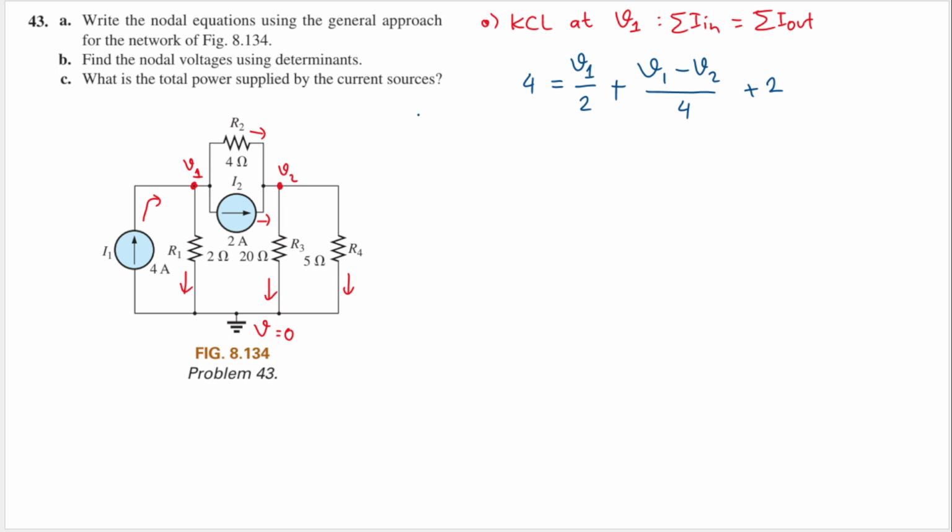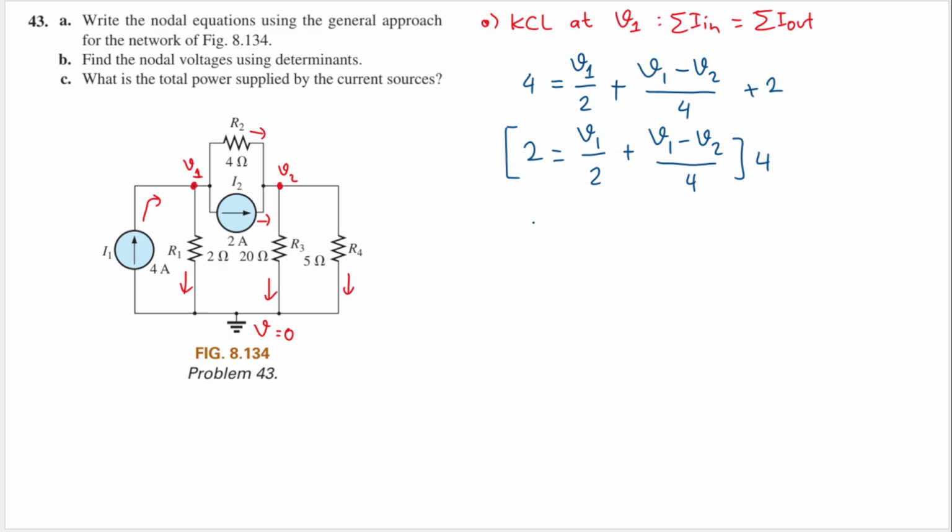Let's move this 2 to the left hand side. So I will have 4 minus 2, which is 2 on the left hand side, and then V1 divided by 2 plus V1 minus V2 divided by 4. We can get rid of the denominator by multiplying both sides by 4.